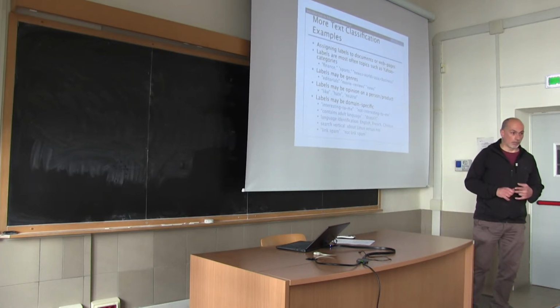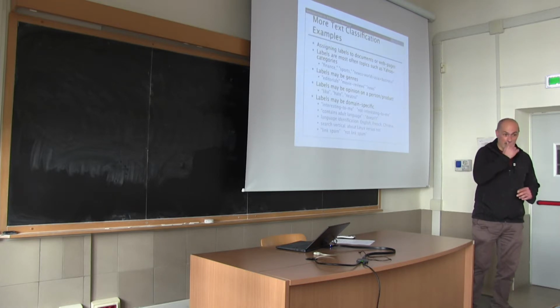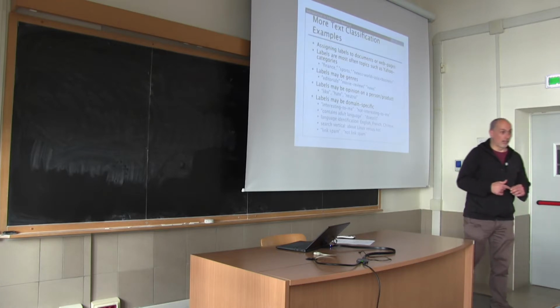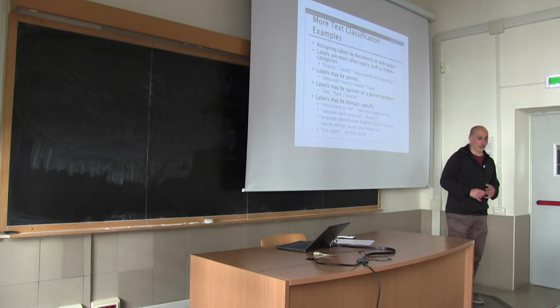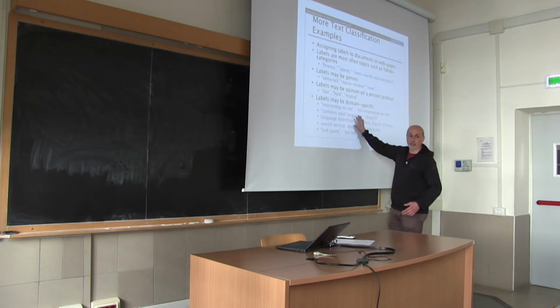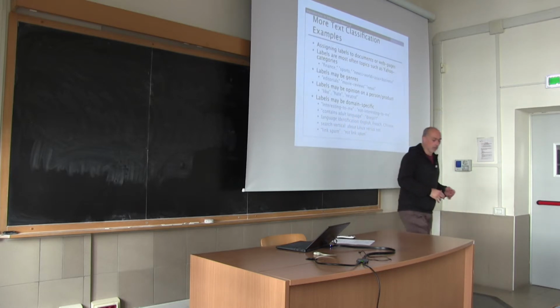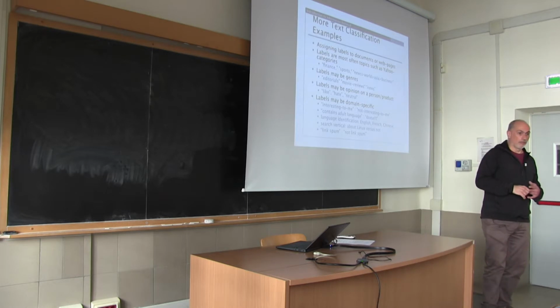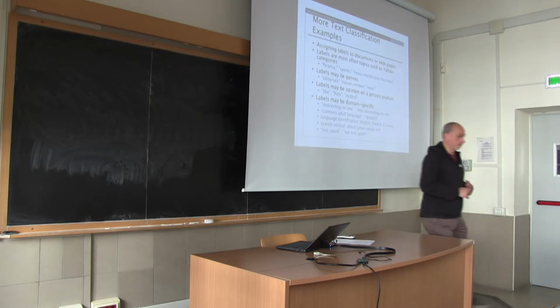And it's a very important case nowadays, sentiment analysis, which has become so fashionable. People are using sentiment analysis to organize campaigning strategies, for example, political elections. Or labels can be domain specific. For example, if you have YouTube and you want to avoid your children running into videos with adult or violent contents.